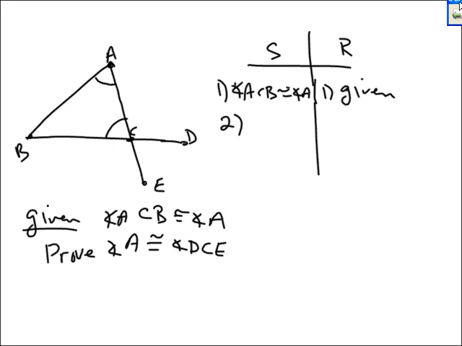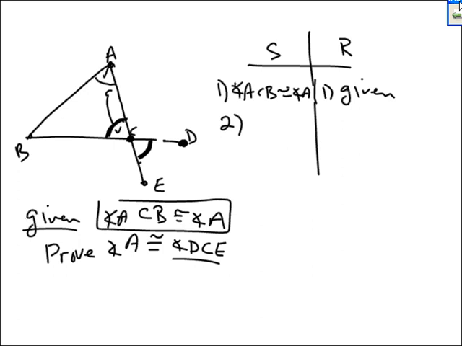Now, we want to show that DCE, this angle, is congruent to A. But we know how many slashes to put there: one, because it equals this angle, which equals that angle. We were told that this angle and this angle were equal. And we know that this angle out here and this angle here are opposite angles.